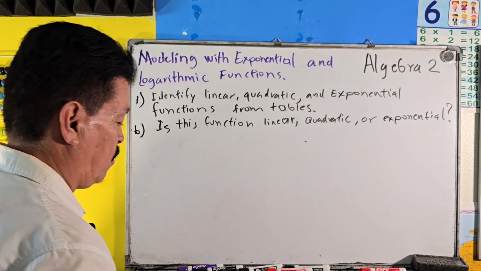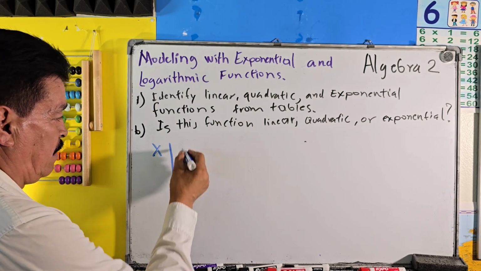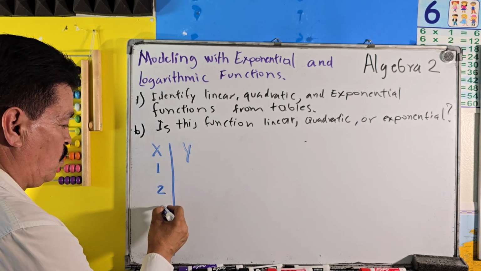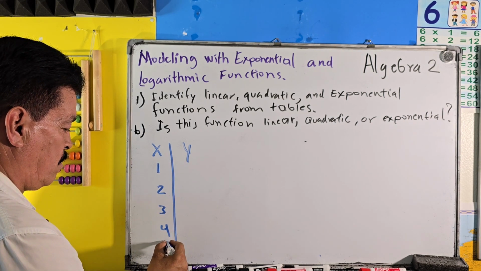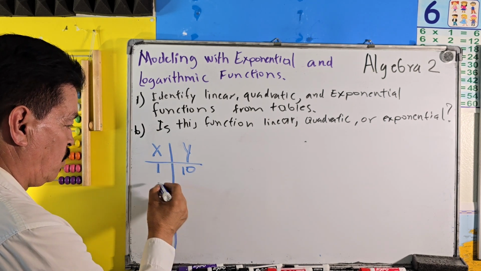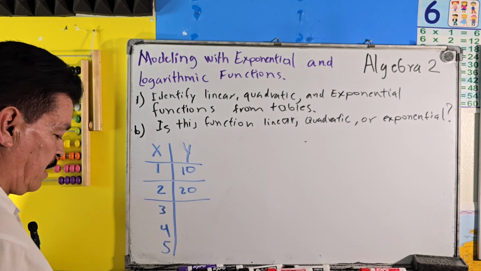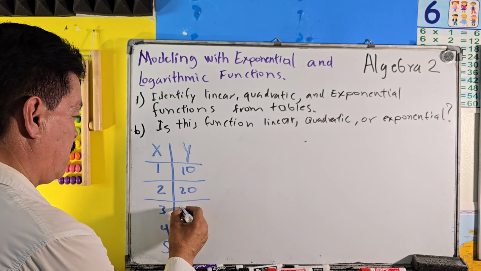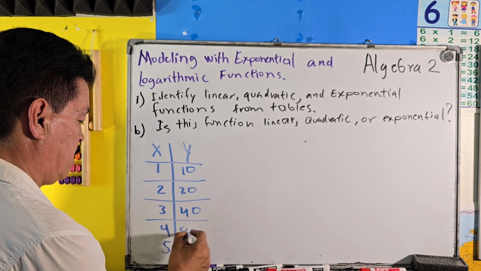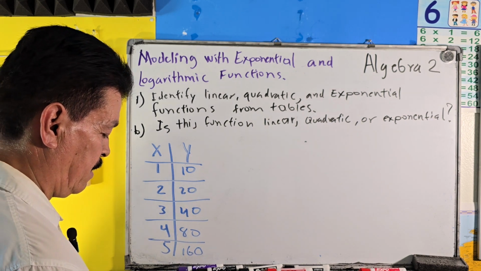For instance, x values 1, 2, 3, 4, 5, and on the other side y values 10, 20, 40, 80, and 160.